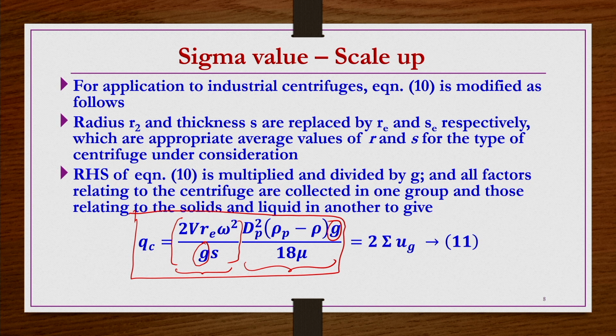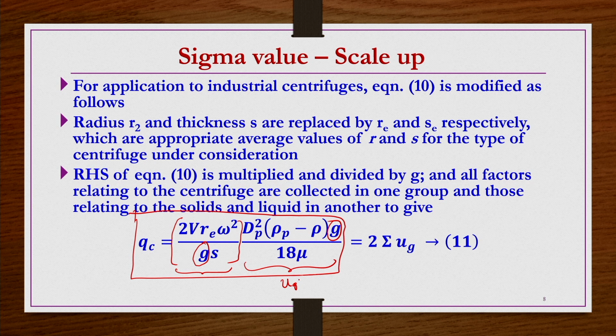Now here we can see this g d_p square (rho_p minus rho) by 18 mu is nothing but the terminal velocity of particles settling in a gravity field if the settling is in the Stokes regime. If particles settle in the Stokes regime due to the gravity field, then the settling velocity u_t expression that we derived previously is g d_p square (rho_p minus rho) by 18 mu.